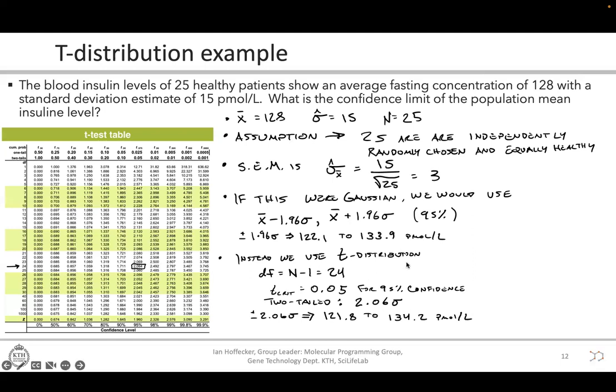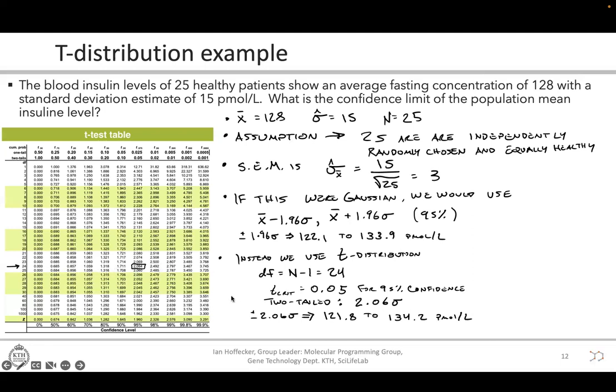But since we don't have that population standard deviation, we only have the estimator, then we're going to use instead the t-distribution. And so we need to look up the correct value of t, the t statistic, for the correct number of degrees of freedom. And so we can compute that. It's just n minus 1, so 25 minus 1, or 24. So we're going to be in this row here.